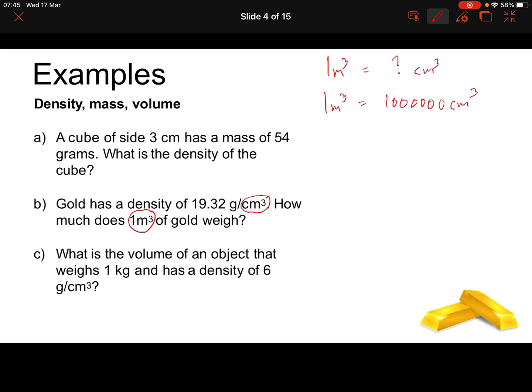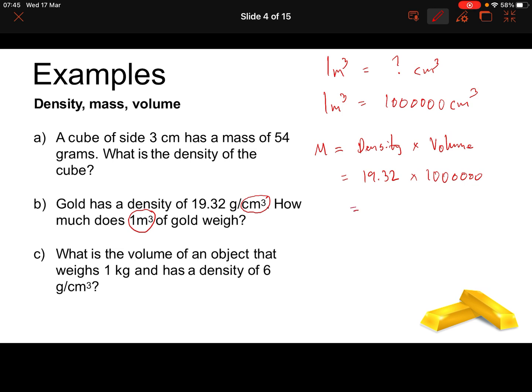So the question is asking you to find the mass. So mass is equal to, what's the right formula? Density times volume. Okay. So density is 19.32, and the volume of gold that you want is 1 million centimeters cubed.